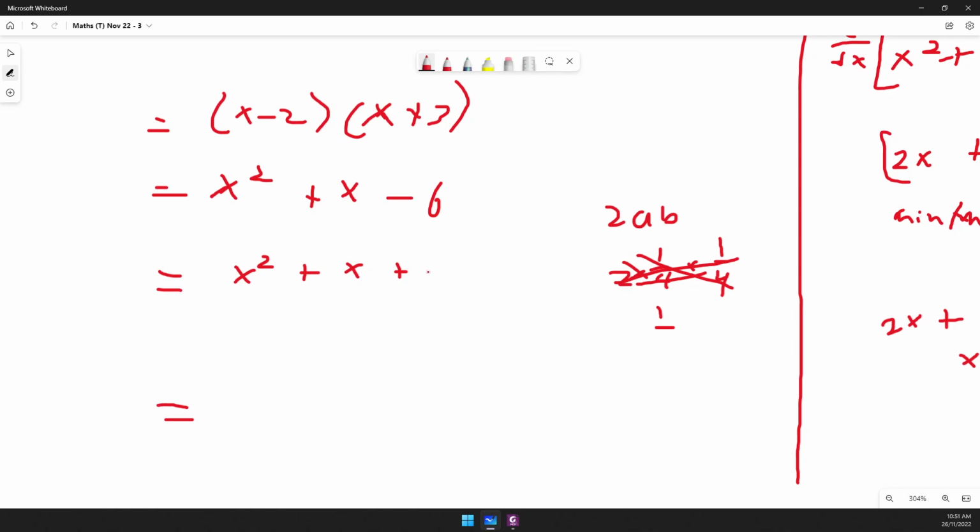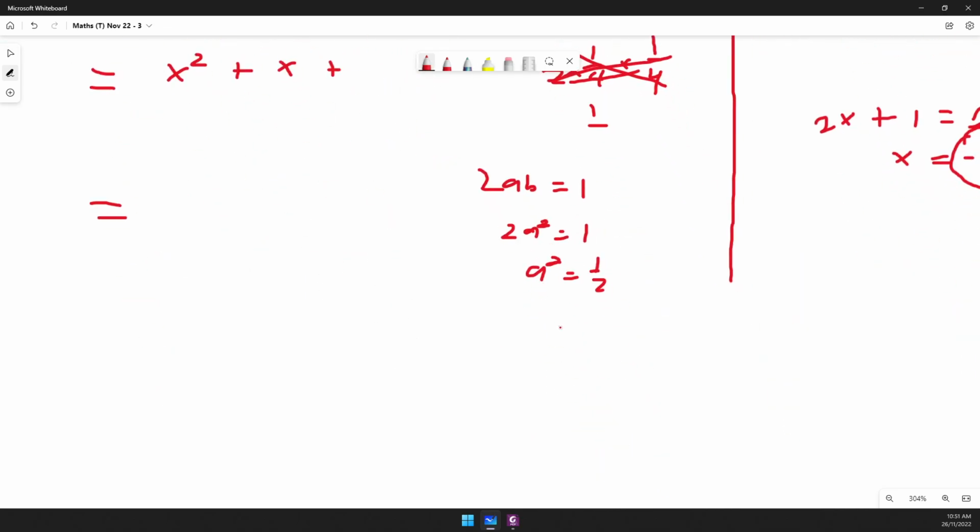So I get 2ab equals to 1. So I can just say 2, since we know both of them are going to be the same, right? So a squared equals to 1 over 4, so a is 1 over 2.